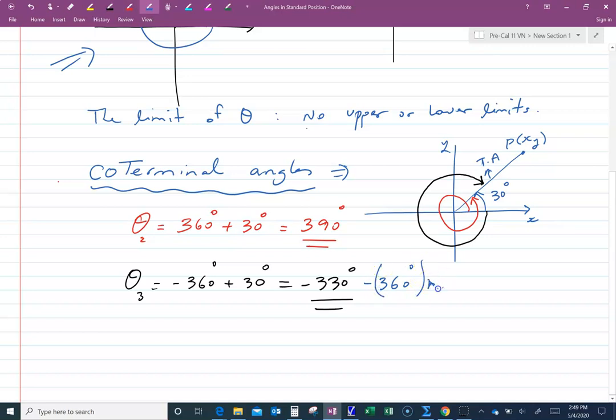I'm going to call it n, multiplying by n number of rotations, you get new angles. And for the first one, you can just add 360 degrees and multiply that by however many times you want to rotate, and you will get new coterminal angles. Okay, so this goes on forever.